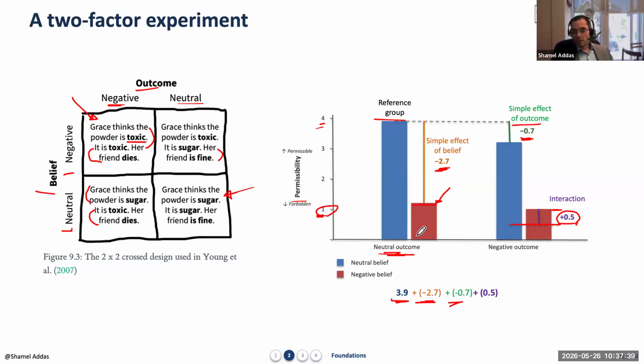Okay. So this is a very interesting case because you're like, how does this make any sense? Shouldn't the interaction make it worse? Well, if you look closely at what's going on here, we've already reached the floor because the survey measures the permissibility from 1 to 4. There's no answer below 1, right? You can't answer 0. You can't answer 0.2.